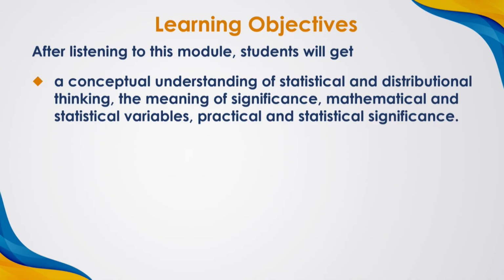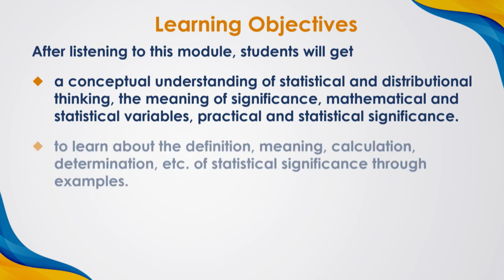What we are going to learn in this lesson, let us look at the learning objectives. After listening to this module, students will get a conceptual understanding of statistical and distributional thinking, the meaning of significance, mathematical and statistical variables, practical and statistical significance.